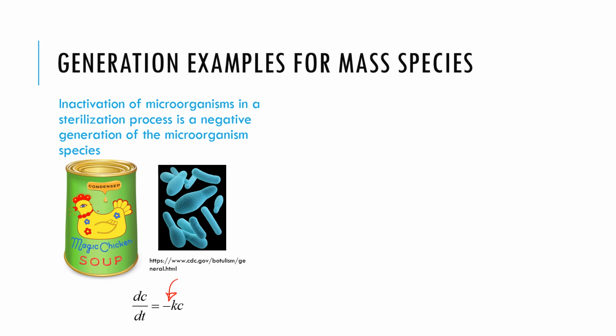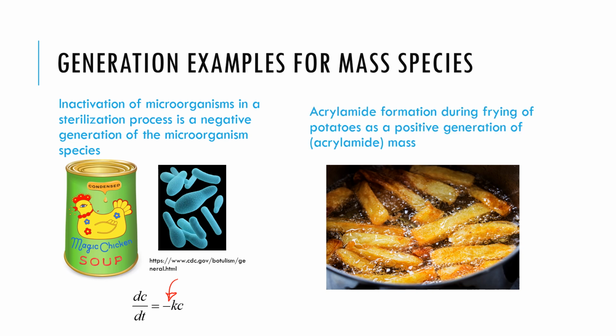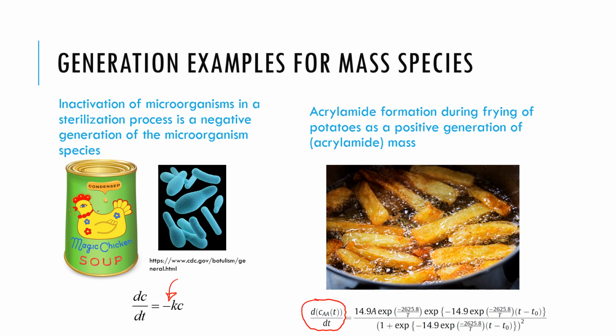Another example would be, let's say in this frying process, we want to look at how acrylamide, a carcinogen, gets formed. The longer we heat, the more carcinogen is forming. So then we have an equation that says the rate at which this acrylamide is formed is given by this.